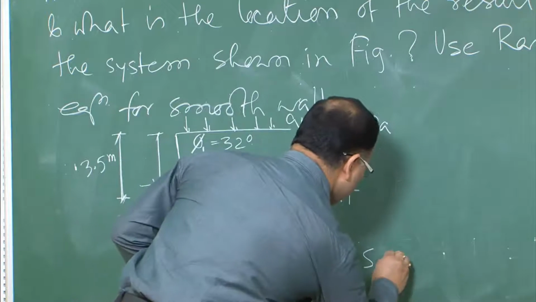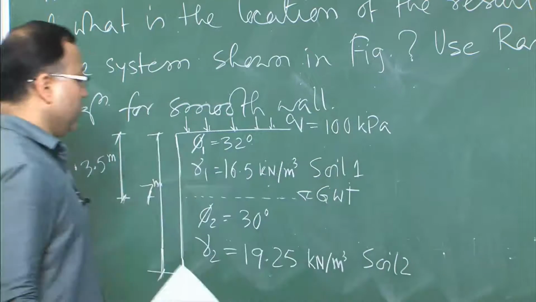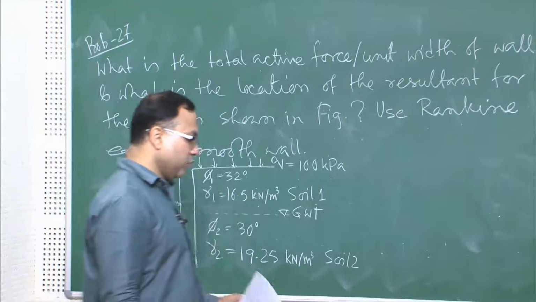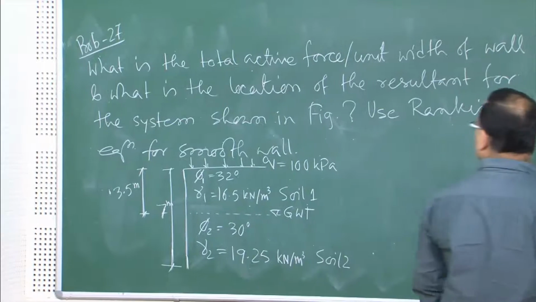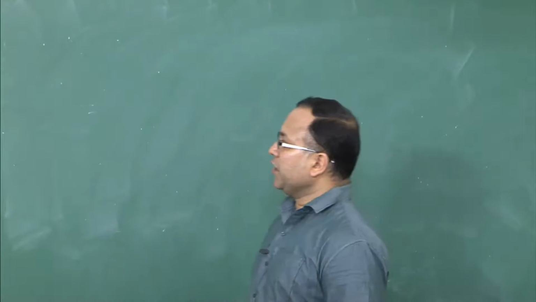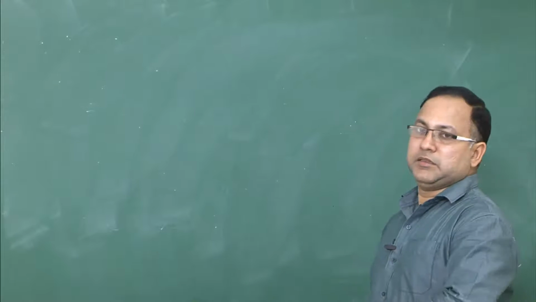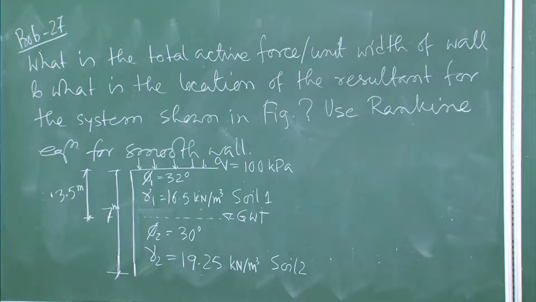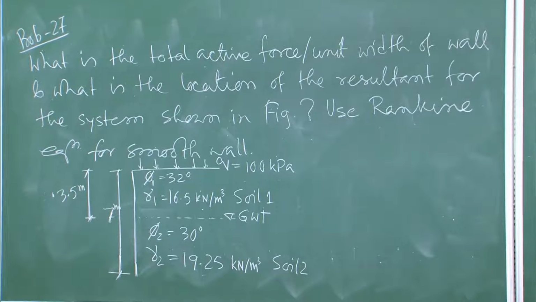This is your soil 2. So, this is the problem. For this type of retaining wall, you need to calculate the total active force, that means active thrust, per unit width of the wall and the point of application of that active thrust. Let's see how we can solve this problem.